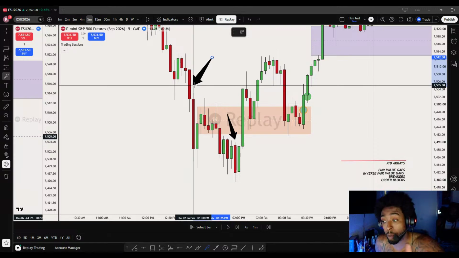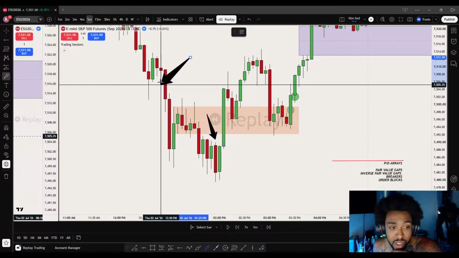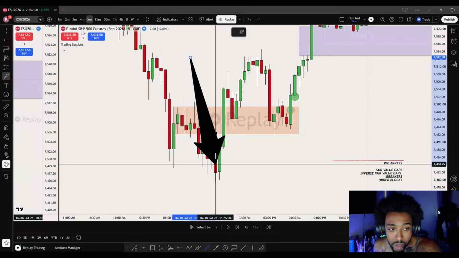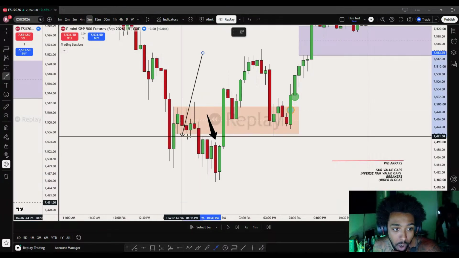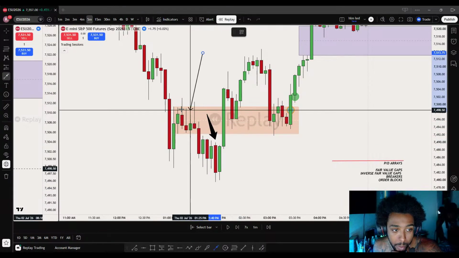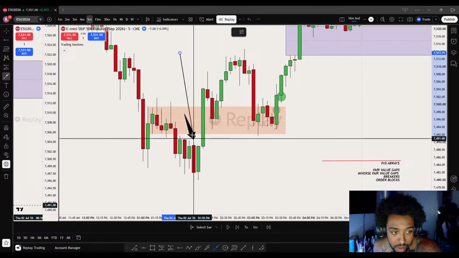Because what is an order block? When you have a bullish engulfing, look, Divinity, look at all of these candles. Hold on, now I can switch tools. Look at all of these candles here. Look how this green one right here engulfs all of this.